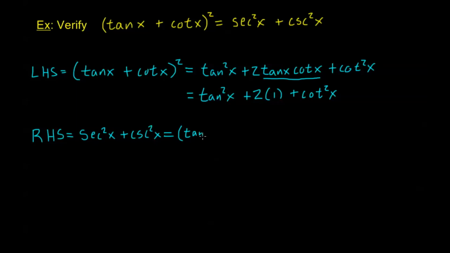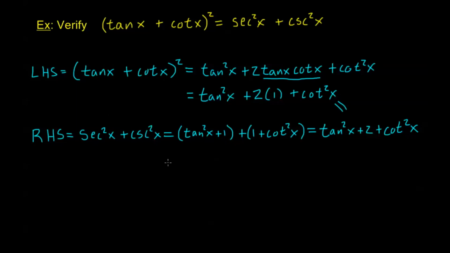I'm going to write it as tangent squared x plus 1. And cosecant squared x is 1 plus cotangent squared x. So adding those ones together, I get tangent squared x plus 2 plus cotangent squared x, don't I? And we see these two are equal to each other.